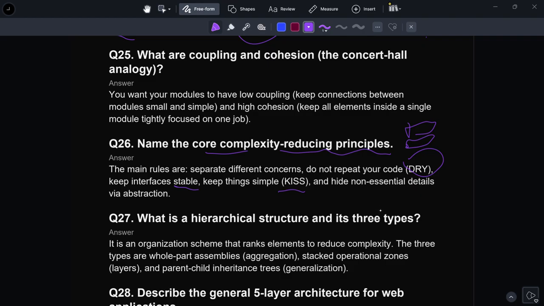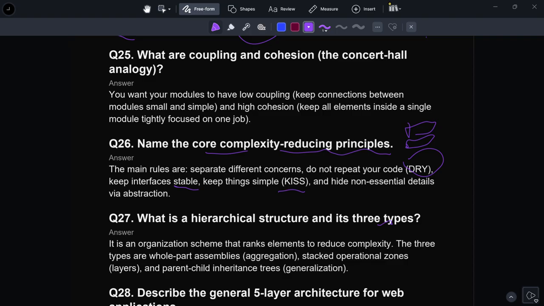Then interface stability: design the external facing connection points of a module to remain permanent and unchanging even if the internal hidden code is completely rewritten. For example, a central banking API gateway keeps its verify PIN parameter format exactly the same, allowing internal validation security patches to deploy without breaking physical ATM machines.